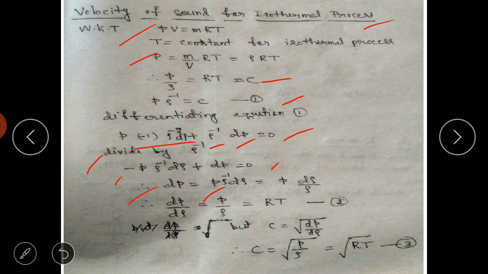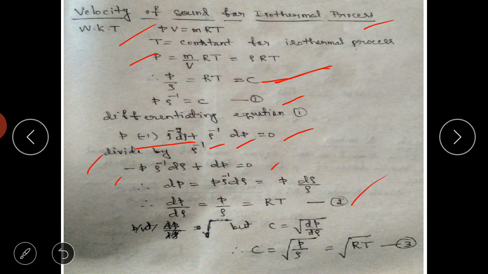Rho raised to minus 1 goes to the denominator, so P d rho divided by rho. Again dP by d rho is equal to P by rho. We know from the earlier equation that P by rho is RT, so you will get that.